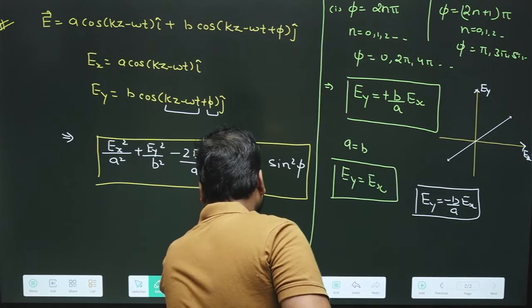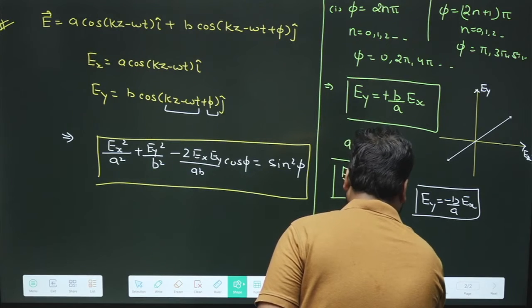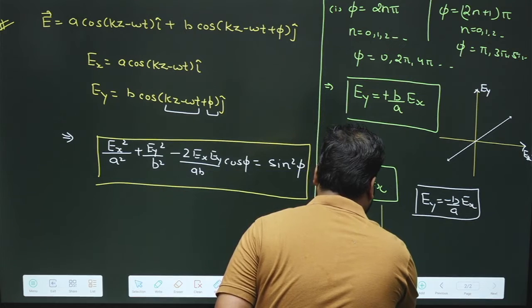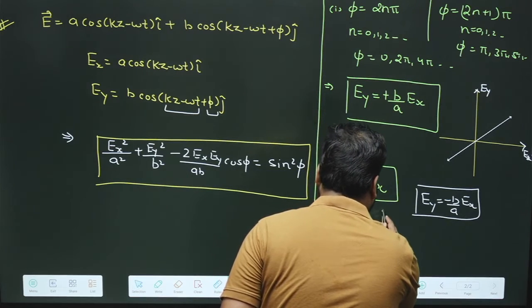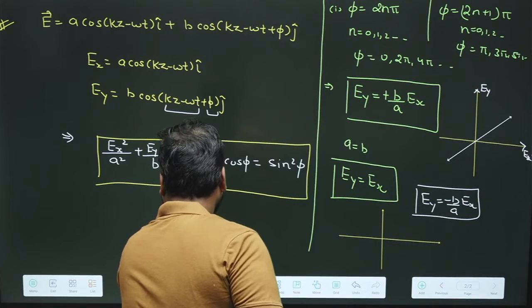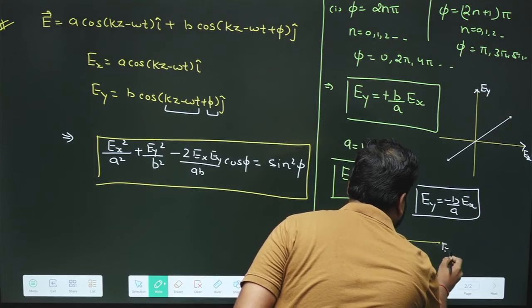What should be the new curve? I'm going to draw here. Let's look at here. See, this is your x-axis and y-axis. This is nothing but Ey. This is your Ex.